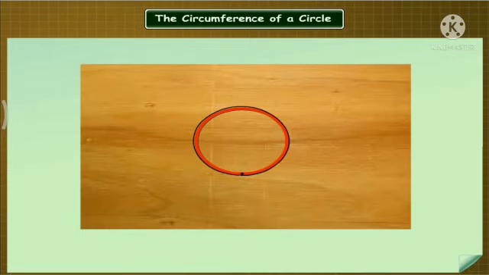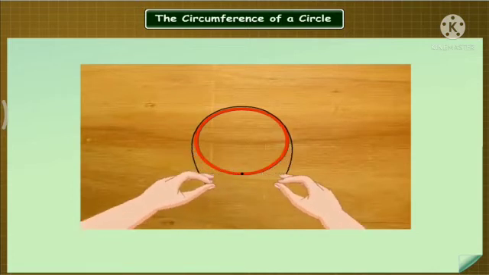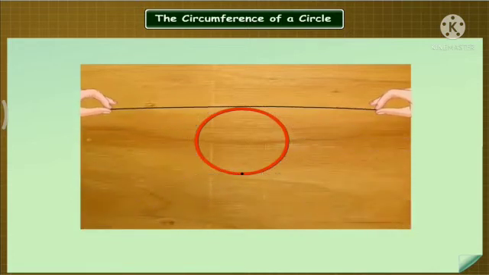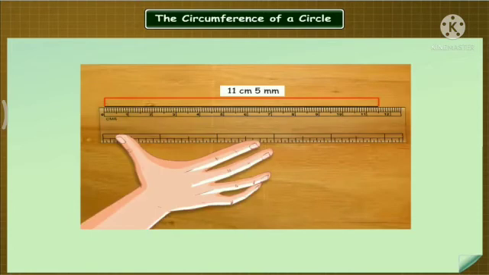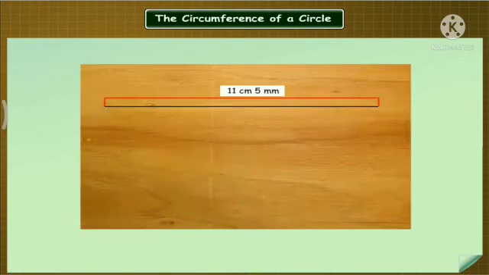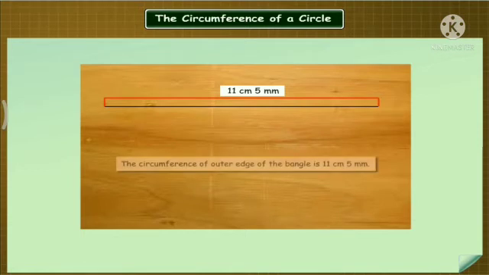Now remove the thread from the bangle and measure the length of the thread. The measure of the thread is 11 centimeter 5 millimeter. It means the circumference of the outer edge of the bangle is 11 centimeter 5 millimeter.